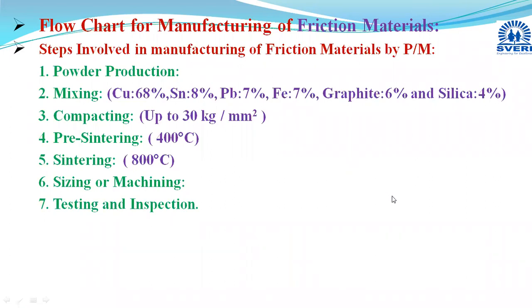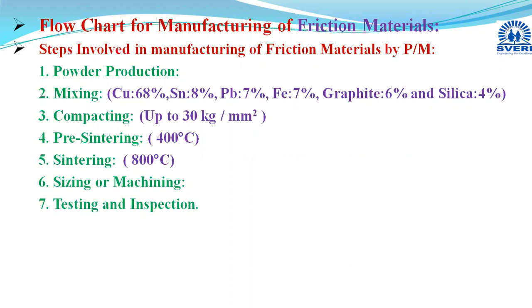And now here, as we have a number of powder particles, there will be a very high difference in their densities. To avoid their segregation, some extra lubricants or some amount of oil is added, because of the high difference in their densities.